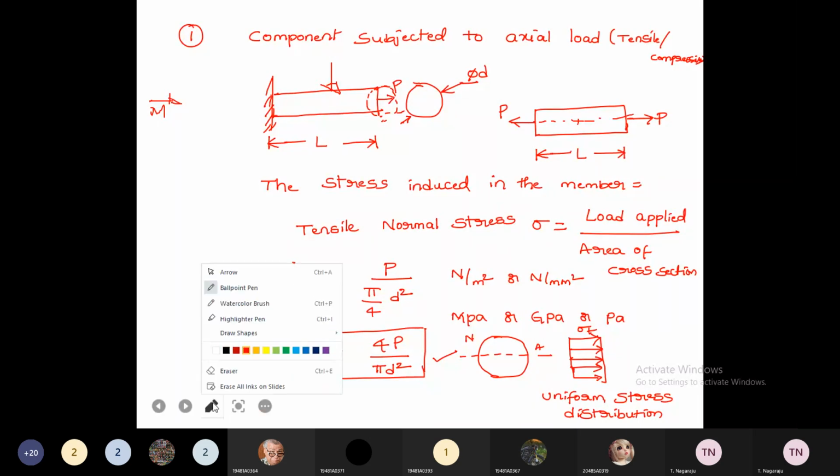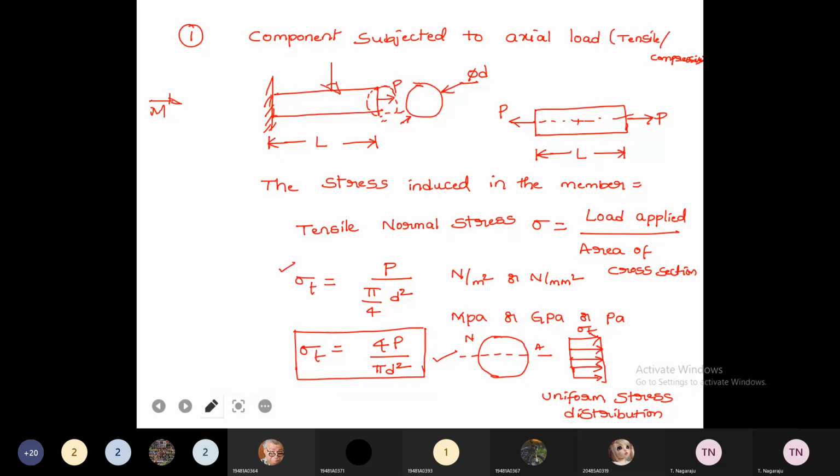In the axially loaded condition, the load is acting along the axis, and here the load is of a tensile nature, since the load direction is away from its center.